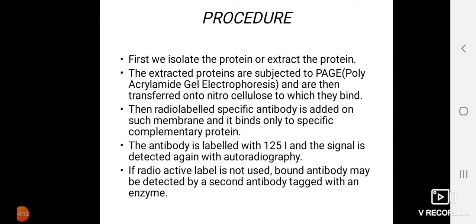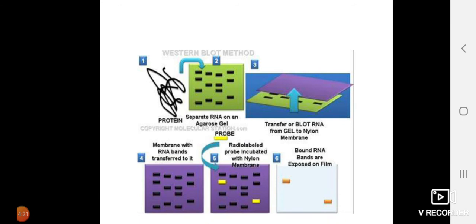Now this labeled antibody is added to that particular separated and blotted nitrocellulose membrane.